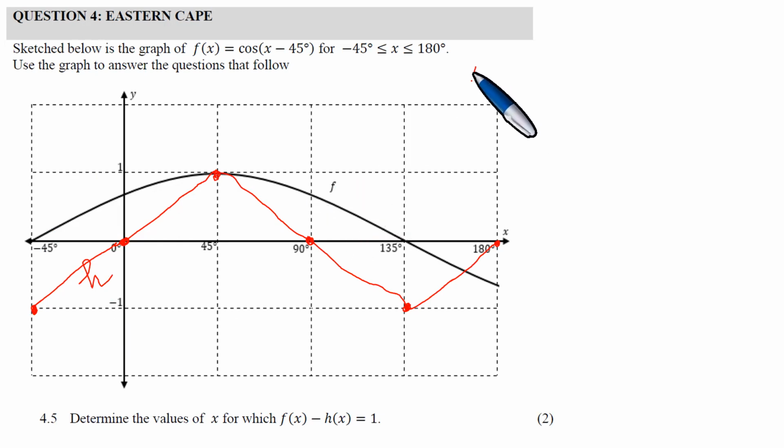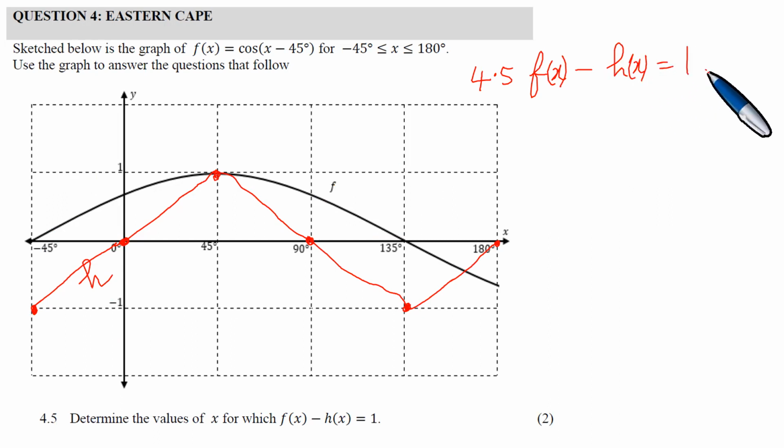So you have 4.5, which is f, h. What is f minus h? So would that be the cos x minus 45 minus the sine 2x? Yes. Okay.